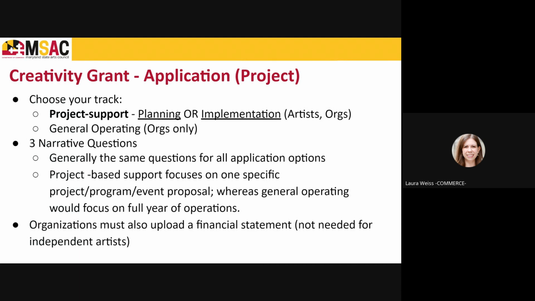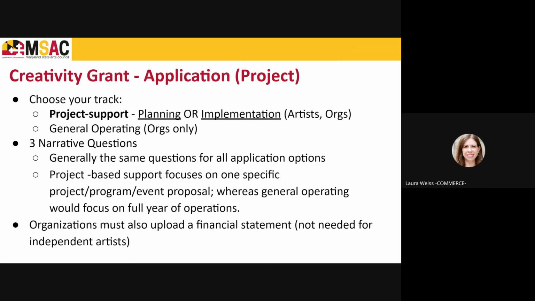No matter what selection you make, there are three broad narrative questions associated with each of those. Generally speaking, the three applications have the same basic structure, but the questions are worded just slightly differently depending on the type of application that you're applying for. So the project-based support really focuses on one specific project or program or event that you're proposing.